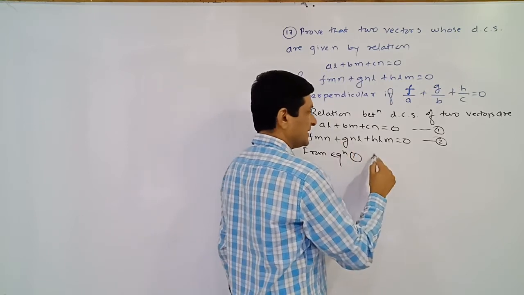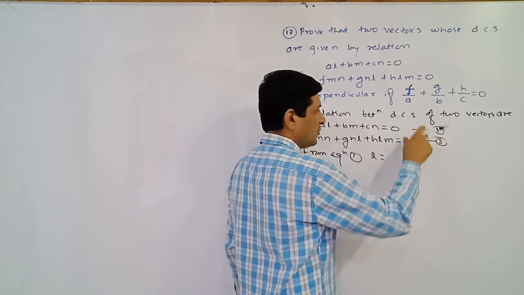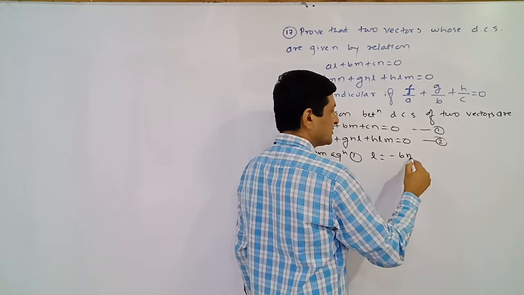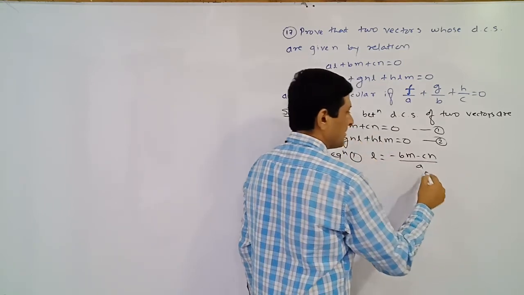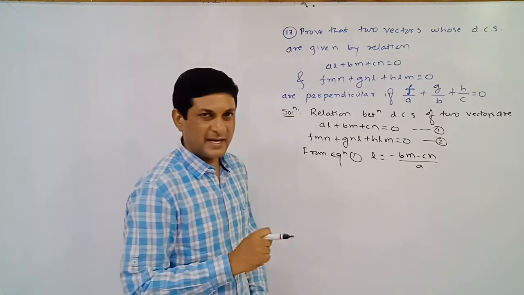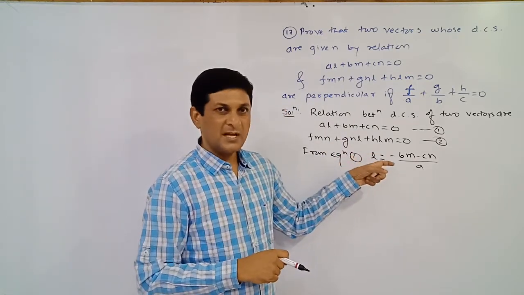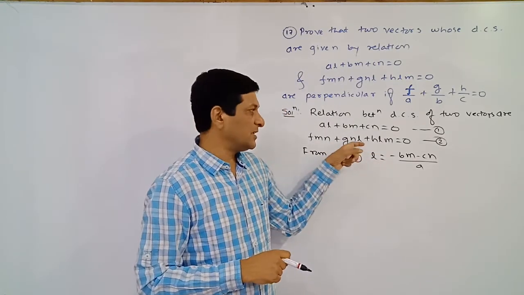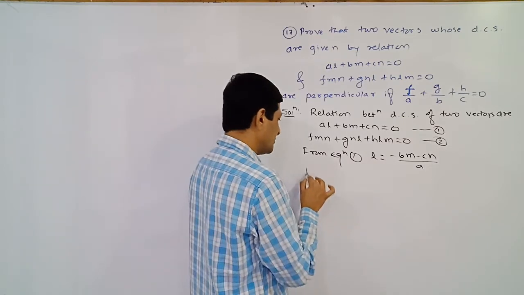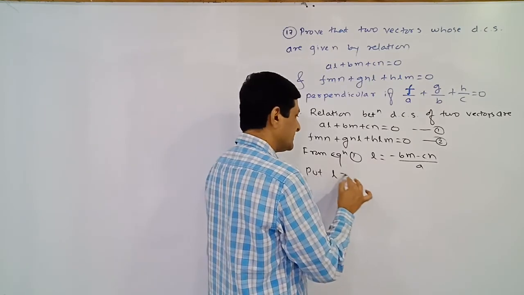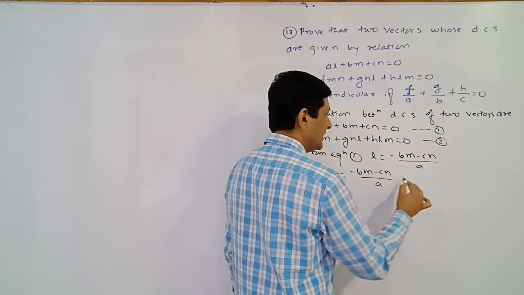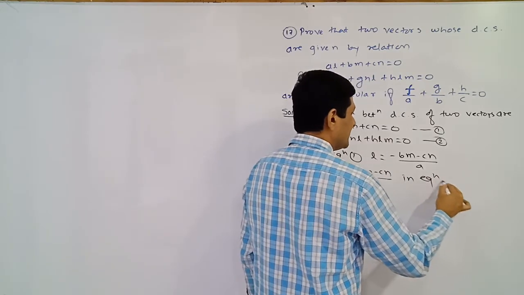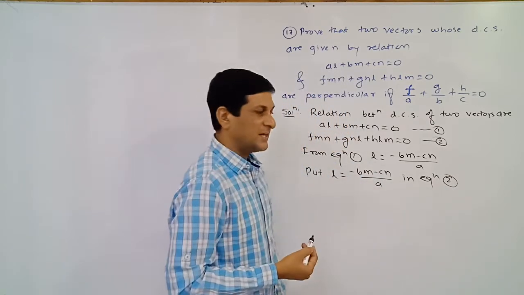let us see what we will get. L is equal to, both the terms on this side will become minus bm minus cn, divided by A. This value of L we are getting from equation number first. Now we are substituting this value in equation number second. So put L equal to minus bm minus cn upon A in equation 2. Let us see what we will get here.